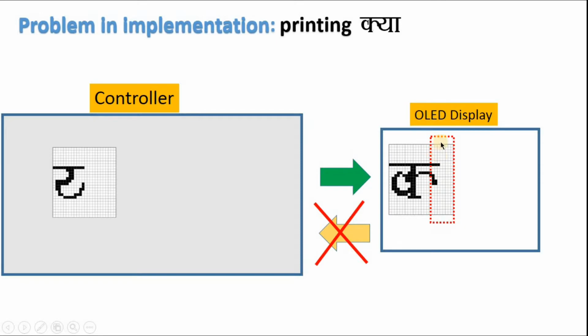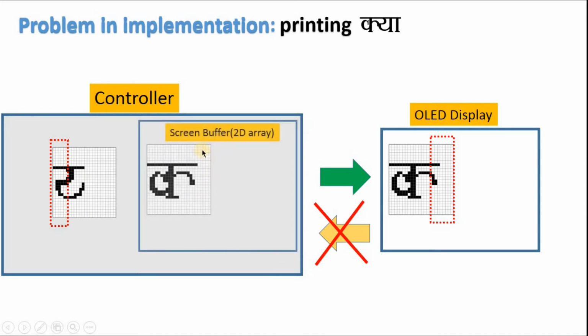For that we need to do OR operation of these rightmost pixels with leftmost pixels of ear, and that OR operation will be done in controller. So controller need to know what is there in this matrix, but controller can't read the OLED display pixels, so we can't do OR operation in controller.